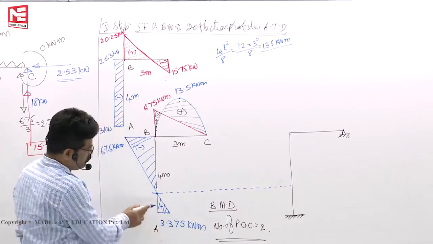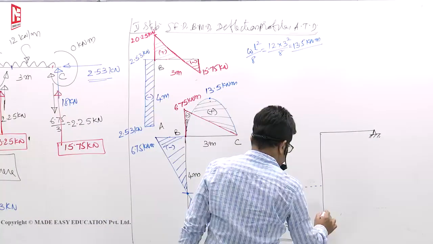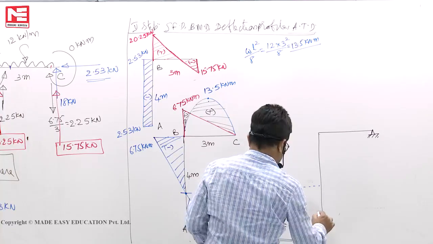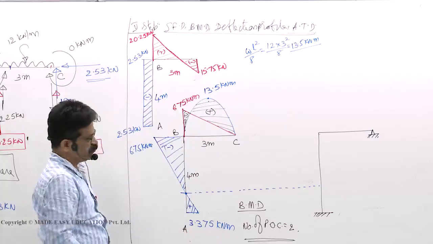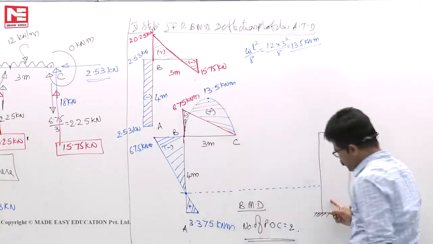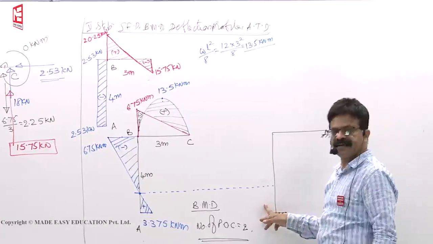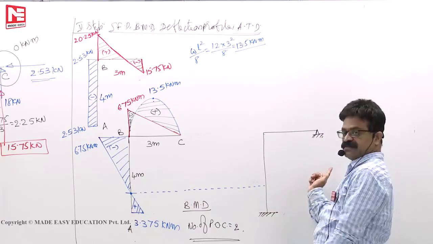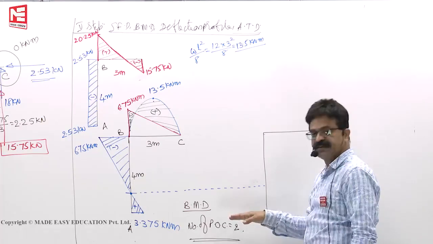See, from here up to this point, there is positive bending moment. That means this beam must sag. You stand here, it should look like sagging. In the process of sagging, if it goes inside, then it will hog. So the beam cannot go inside, it has to go outside only.